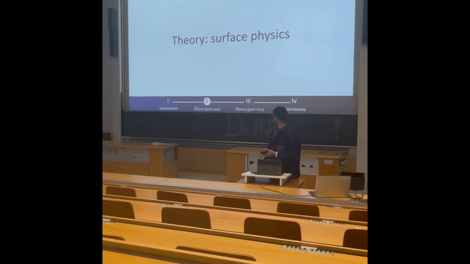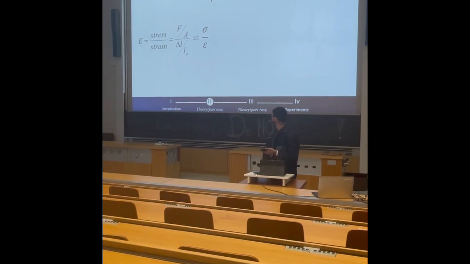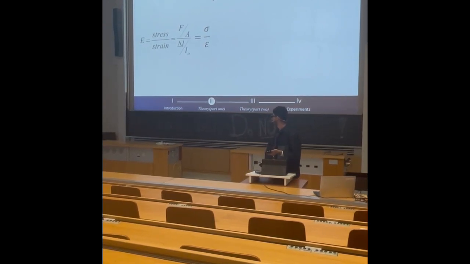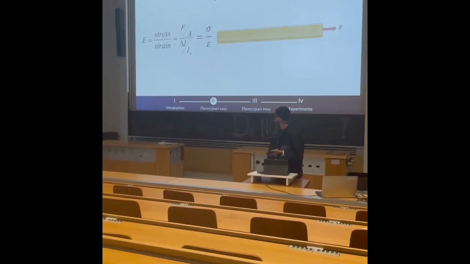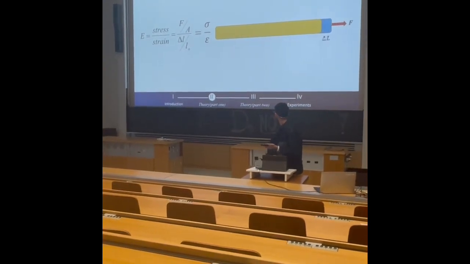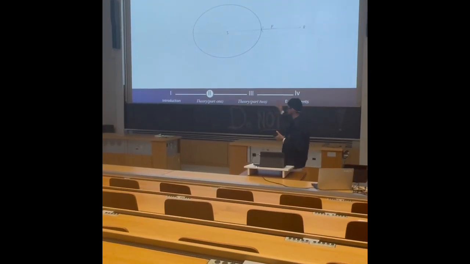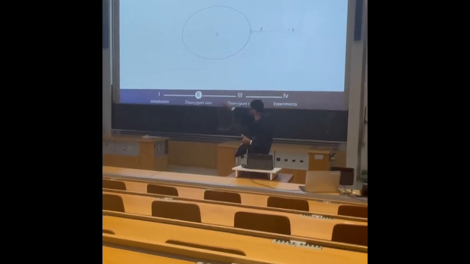Theory 1, surface physics. First, let's talk about Young's modulus, which is stress divided by strain, and everyone knows that. For example, we have an egg and we apply force to it.